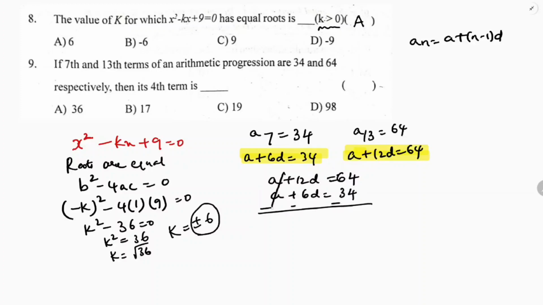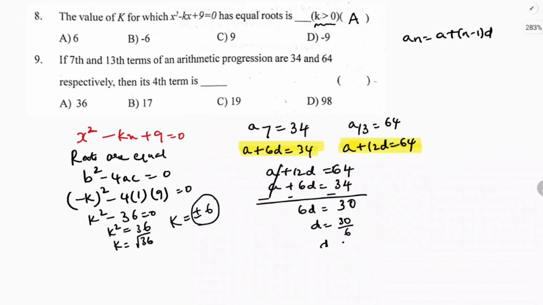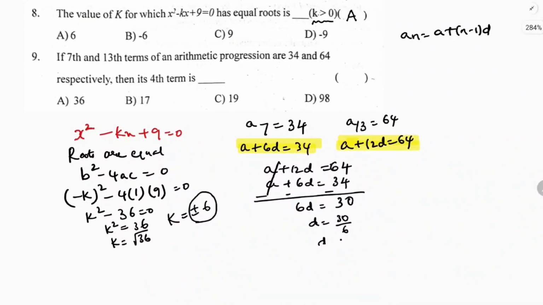So 12d minus 6d is 6d, 64 minus 34 is 30. So d is 30 by 6, which is nothing but 5. So the value of d is 5.